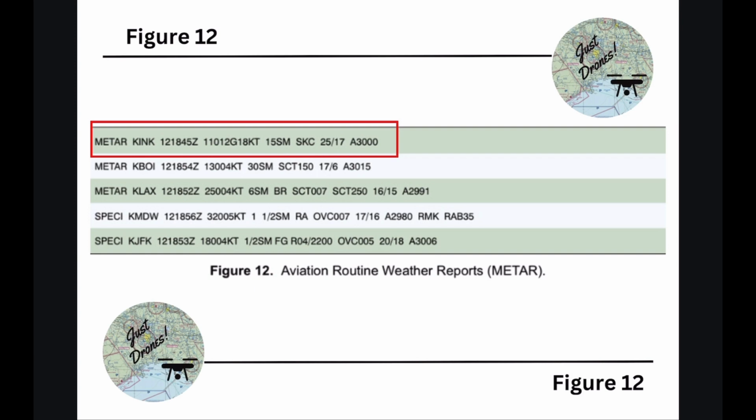So an easy way I like to remember how a METAR starts, it always starts with what it is, so it's a METAR, where it is, it's at Wink, Texas, the airport identifier being KINK, and when it was. So it was on the 12th of that month at 1845 Zulu. Remember, it's always going to be reported in Zulu time, not local time.